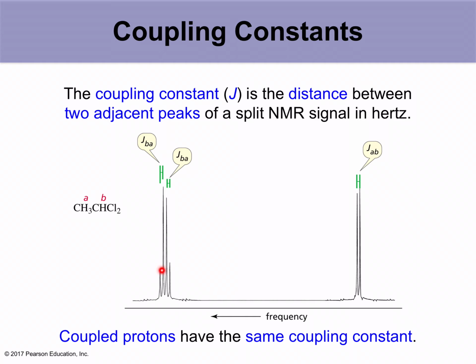JAB. And also you can look at JBA. These are going to be JBA and these are going to be JAB. Coupled protons have the same coupling constants. JAB equals JBA.